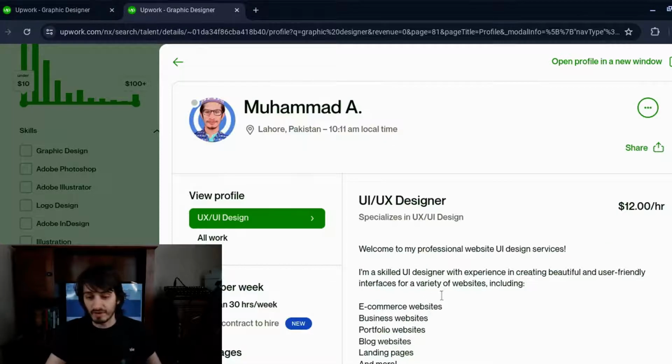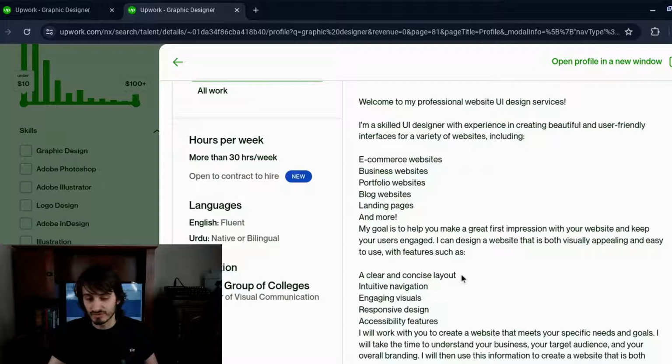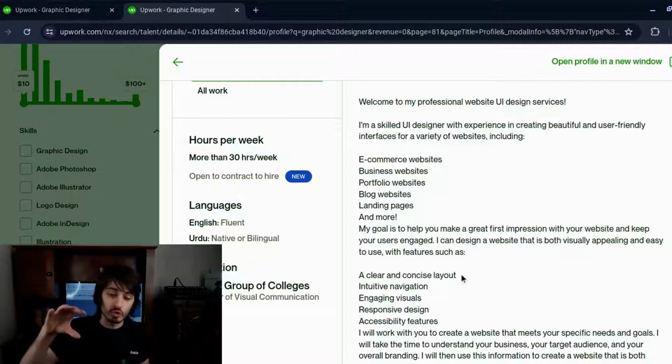It's not perfect because clients will still look and see your portfolio, but at least when it comes to a graphic designer, the problem is that when clients decide who to hire, they are definitely going to look at your profile and your portfolio more than other types of jobs, all right?